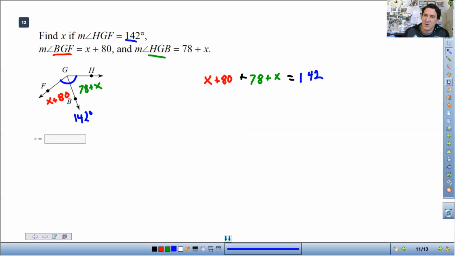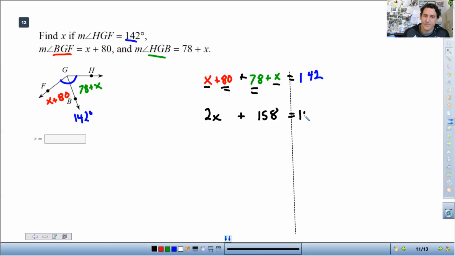And then all you need to do is solve for X. So combine like terms, we have X plus an X is 2X. 80 plus 78 is 158. Solve for X, get it by itself.